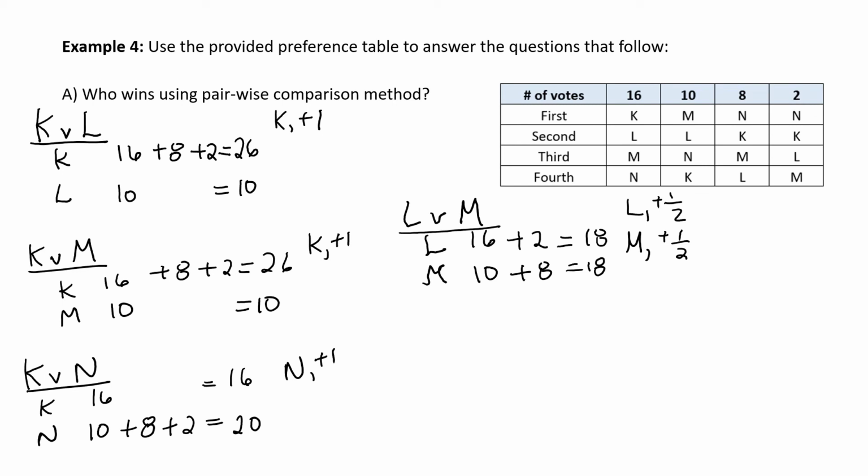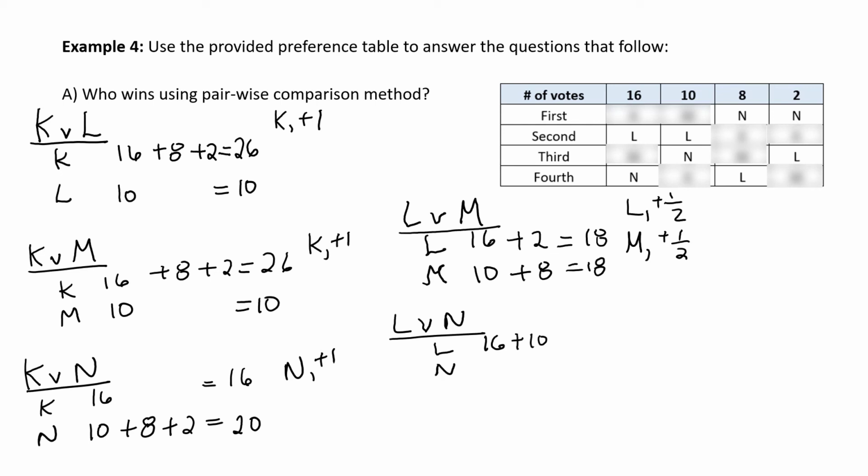The next one, we'll pit L to N. Between L and N as in Nancy, on the first ballot, L is ahead, so L gets 16. On the second one, L is ahead, so L gets 10.